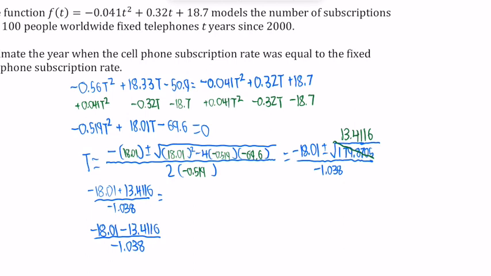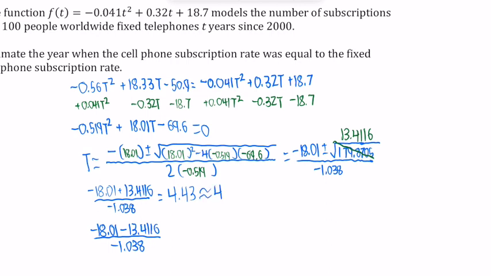On the top, let me calculate that. Negative 18.01 plus 13.4116, take that answer divided by negative 1.038. Here I get about 4.43. Or since we're finding years, we need to round it to a whole number. We'll just say it's about 4.